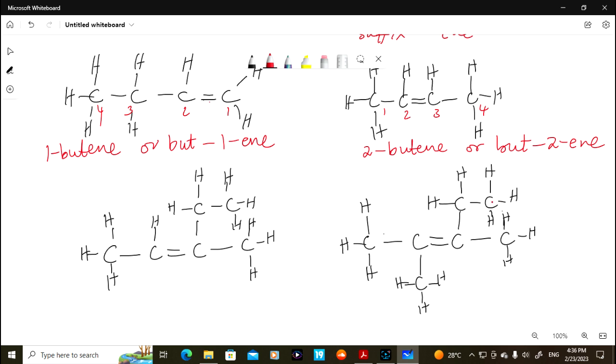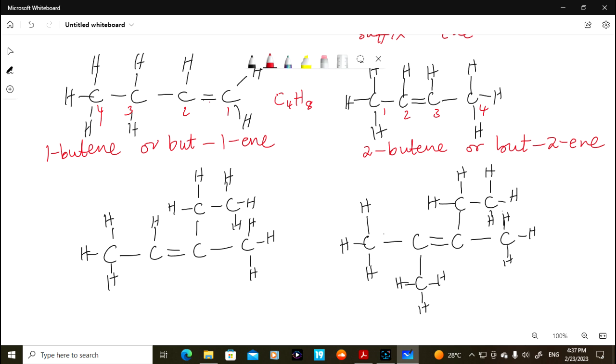If I would say there is a relationship between these two molecules, the ones that I just named, I would say they are isomers. Why are they isomers? Because they have the same formula, C4H8.